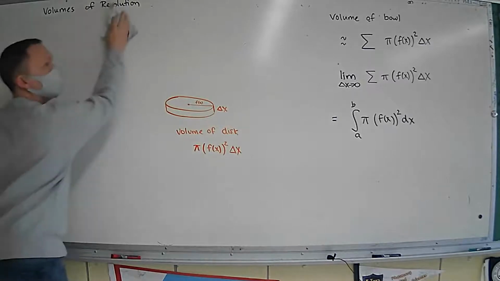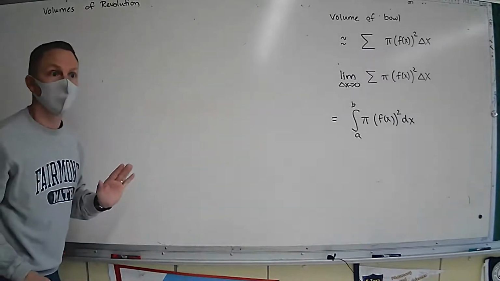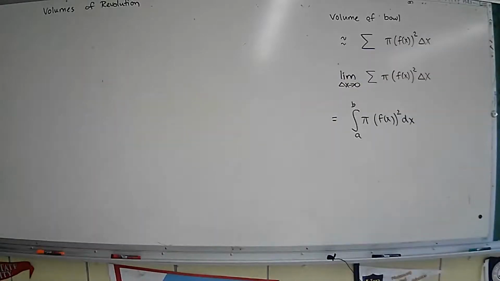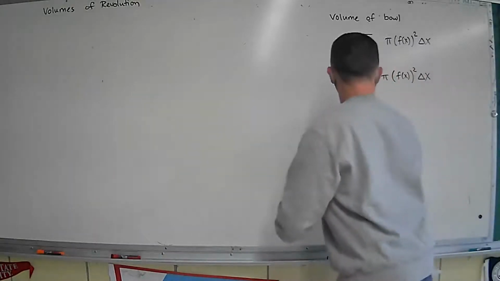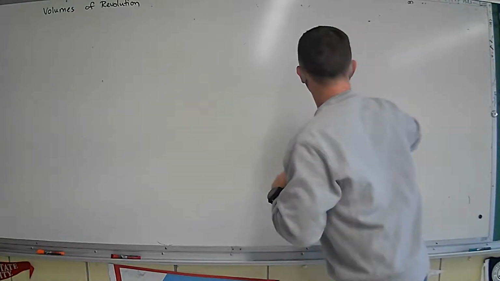How much time do we have? 30 seconds? Are you serious? Oh, well, that's not enough time. So I think what I'm going to do is we'll come back to this Monday. This normally takes like 1 or 2 days to develop these ideas, and then as soon as you see it, it's like this is the easiest thing that we do all year.